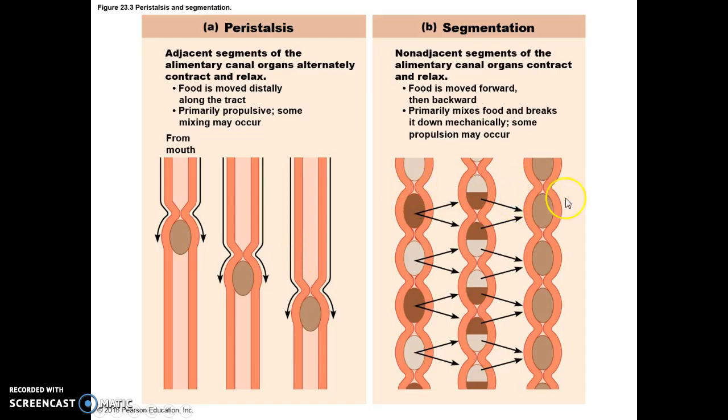Segmentation, on the other hand, this one here is this pattern of contractions and relaxations to basically mix and churn the contents of the food to enable it to break it down into smaller pieces, and in aiding in the physical breakdown of the contents. The smaller the particle size, the greater its surface area relative to its size.